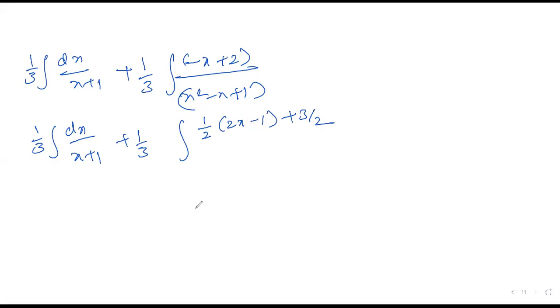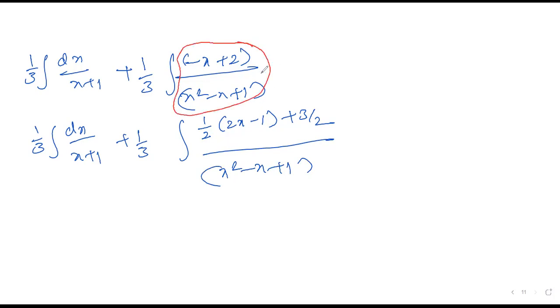This looks different, right? Now I'll try to explain what they wrote as the answer by x square minus x plus 1. This is the format they wrote.